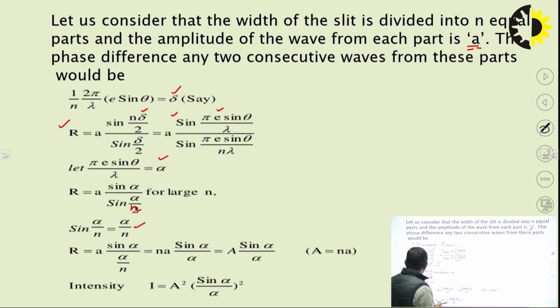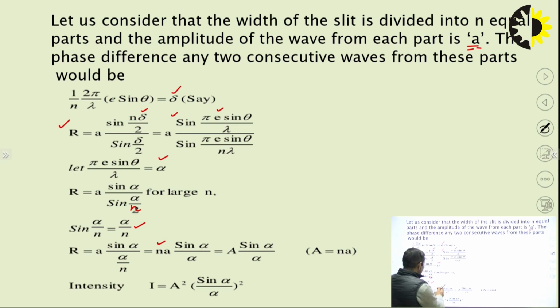So the resultant amplitude at point P will be equal to R, that is A sin alpha upon alpha by n. Multiplying, it becomes n A sin alpha by alpha.